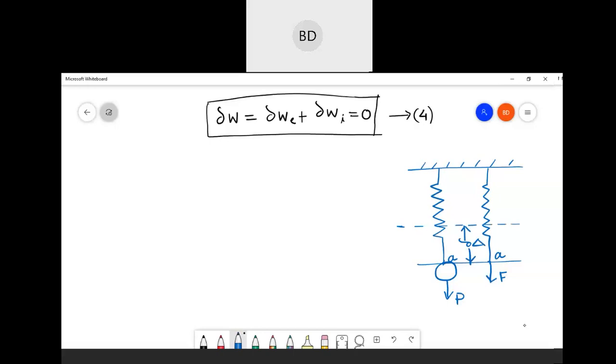And what is this? Initial equilibrium position of P. Let us call this figure A.